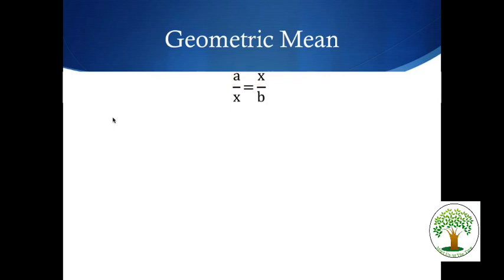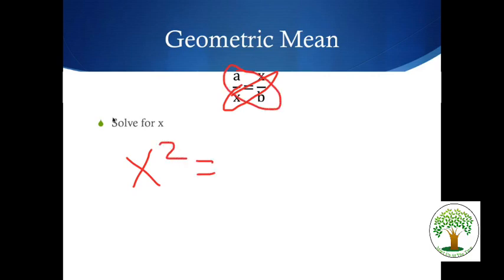If I was to cross multiply to solve for X, I would do it like this. What is X times X? X squared. Careful, not 2x. It equals A times B. You with me so far? Yes.